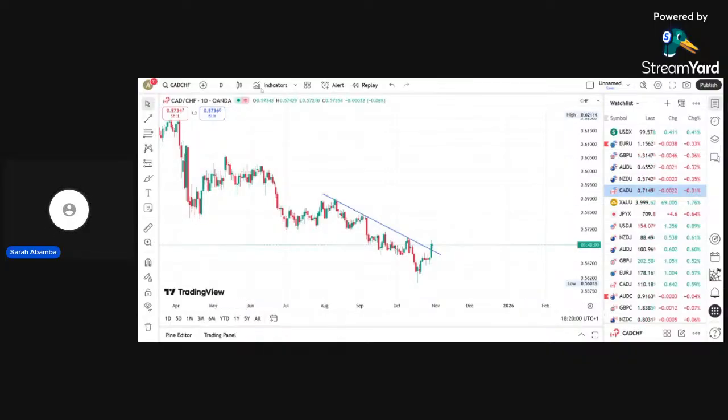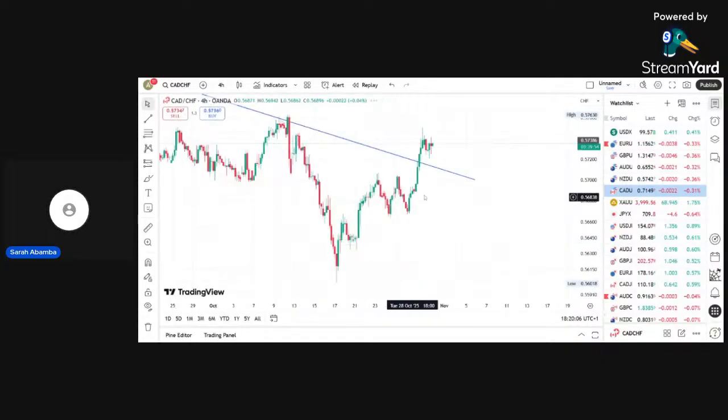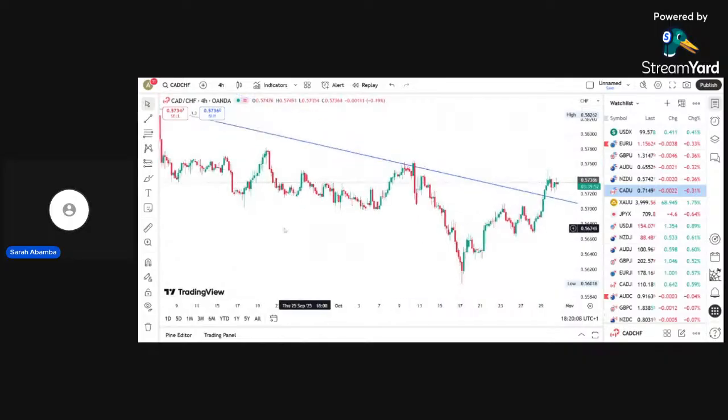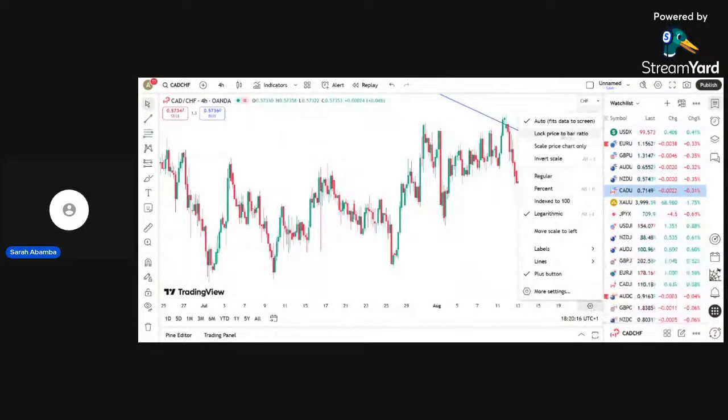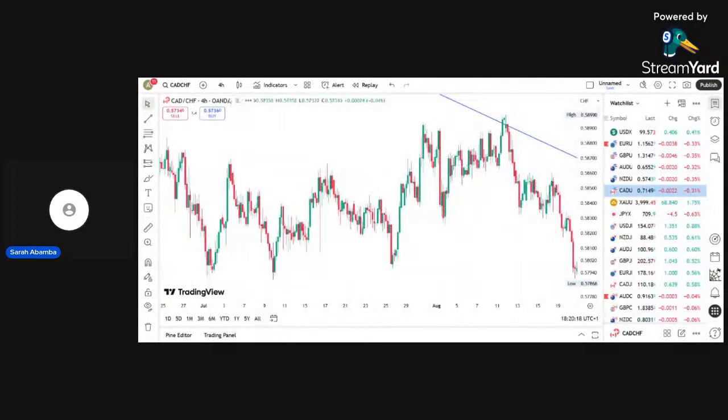After doing this, I'll go to a lower time frame to look for candlestick patterns. The candlestick pattern we are looking for now is the bearish pin bar. Let me find this chart like this.